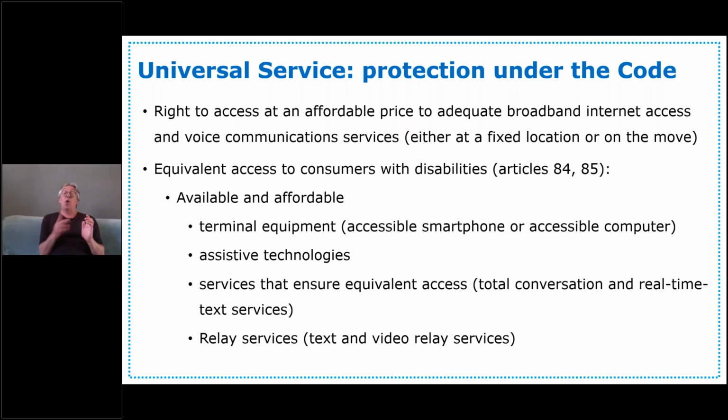To do so, and I will divide the services in equipment, so in products and services, the code specifies that consumers must have access to terminal equipment which should be accessible for them. And here we are talking about mainstream technologies, so mainstream devices such as, for example, a smartphone or a computer, which are accessible for persons with disabilities.